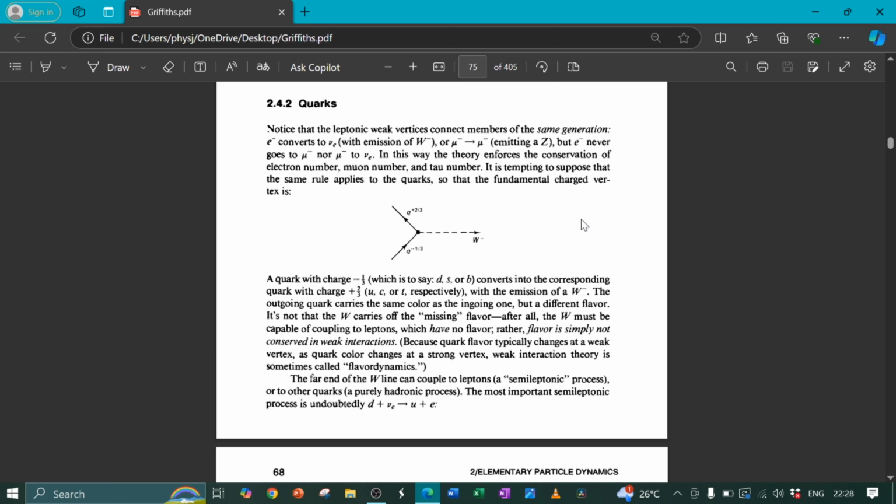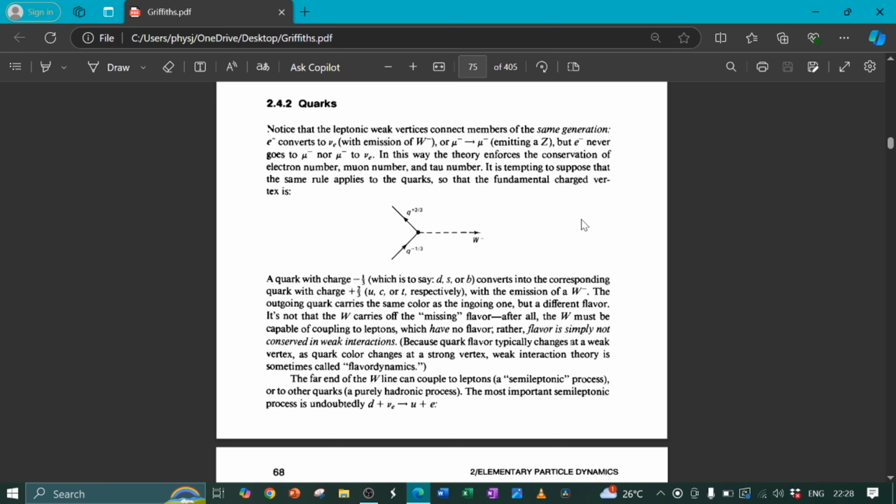It is tempting to suppose that the same rule applies to the quarks, so that the fundamental charged vortex is a quark with charge -1/3, which is to say D, S or B, converts into the corresponding quark with charge +2/3, U, C or T respectively, with the emission of a W-.